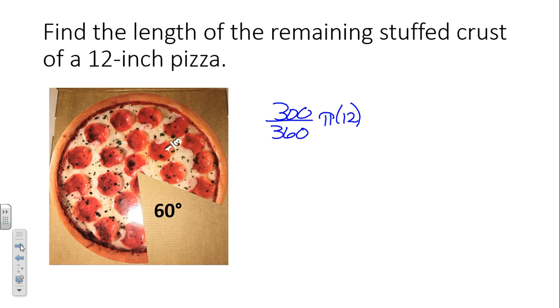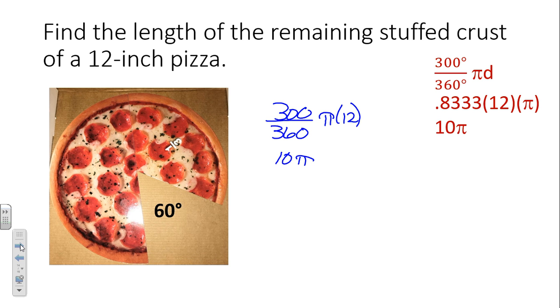And 12 divided by 6 is 2. So 5 times 2 is 10, right? And so again, we get 10 pi in this case because it was a smaller pizza, but we had more of it left. So once again, we get 31.4 inches.